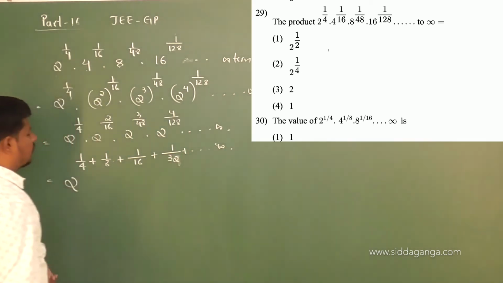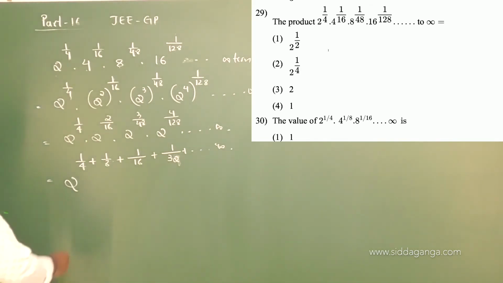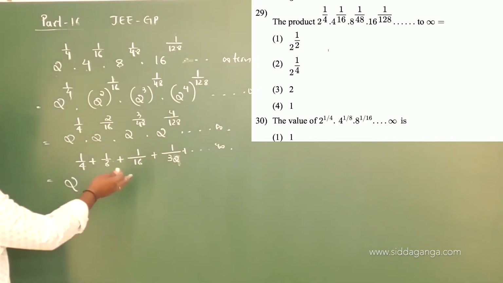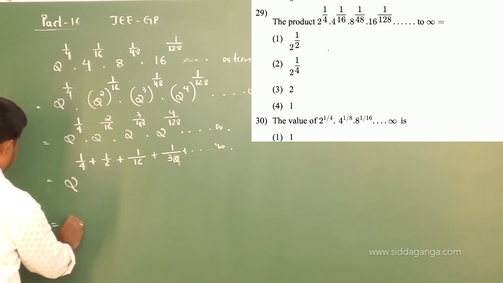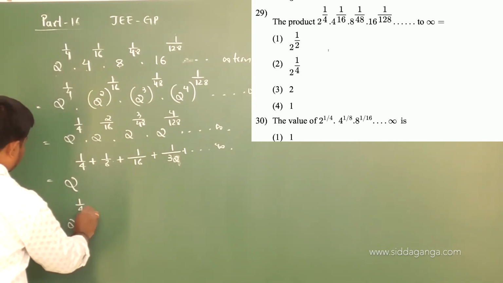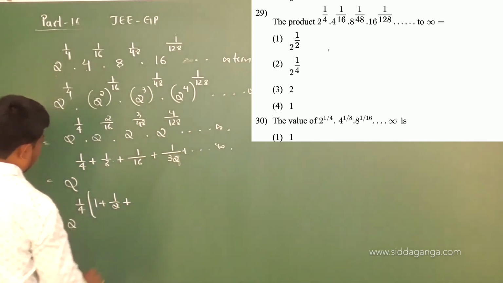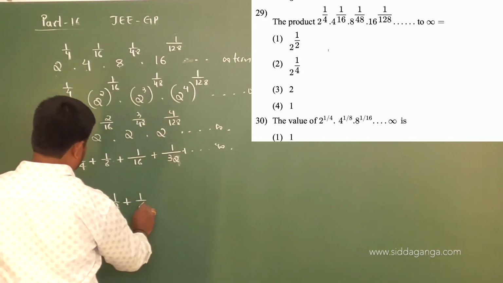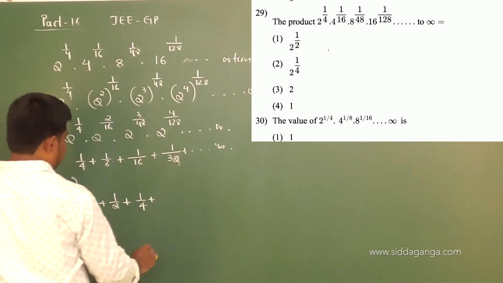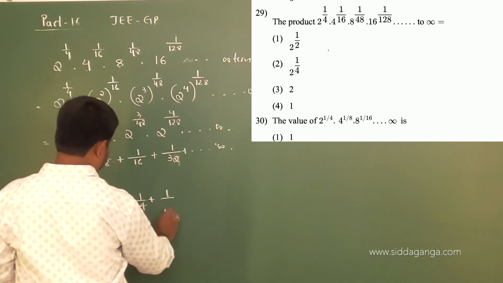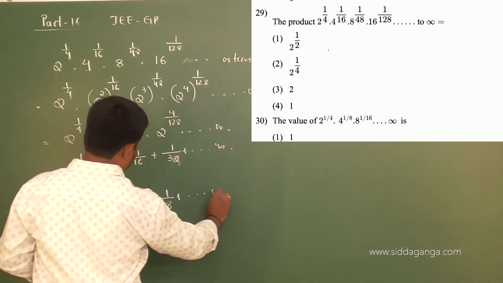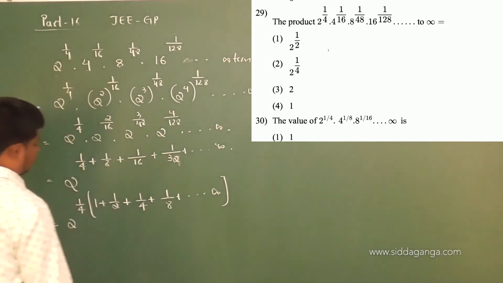So infinite terms. Now of course this is a GP. I'm going to take 1/4 outside. What do you get? 1 plus 1/2 plus 1/4 plus 1/8 and so on, infinite terms.